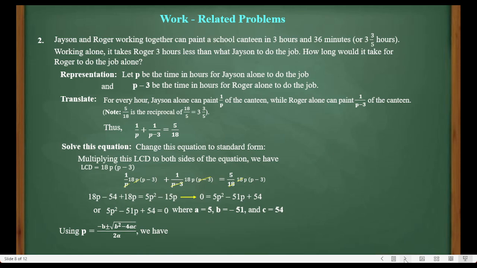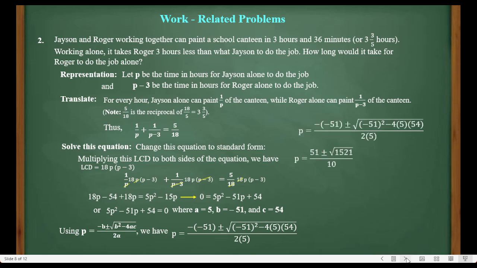Now, plugging in the values of A, B, and C and simplifying the resulting expression using the PEMDAS rule, we will have the two values of P. The first one is 51 minus 39 all over 10, and the other value is 51 plus 39 all over 10. So the first value is 6 over 5, and the second value is 9.